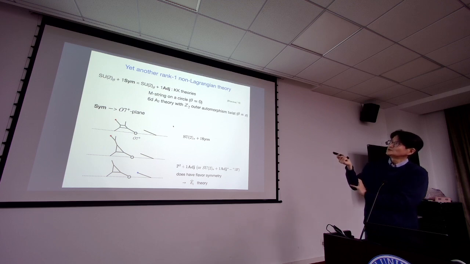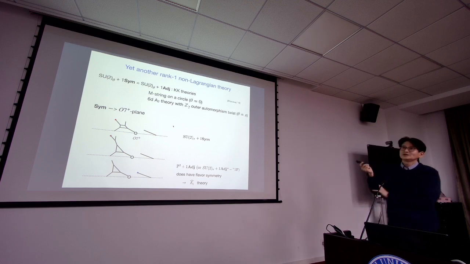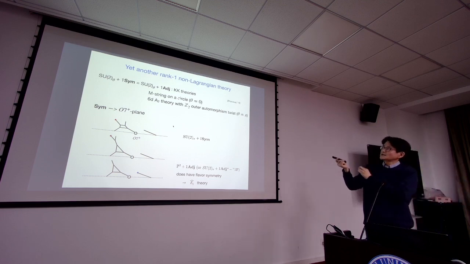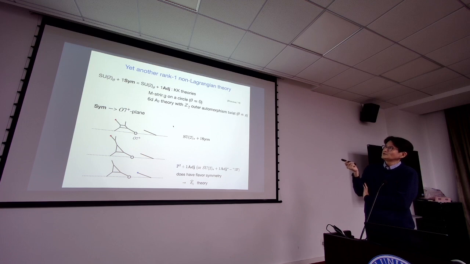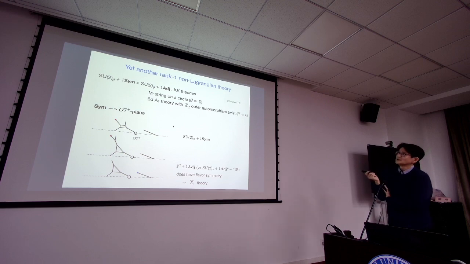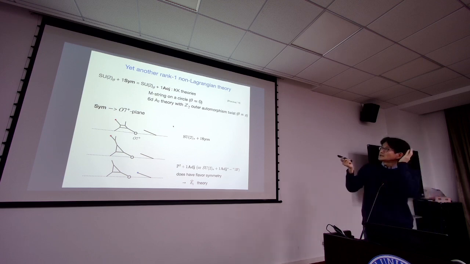And this one therefore describes the SU(2) theory with adjoint matter, which is a 6d theory or KK theory. In particular, depending on the theta angle, theta equals 0 describes the 6-dimensional M theory, M-strings on a circle, and theta equals pi is the A2 theory with a Z2 automorphism twist. And these two are the theories.